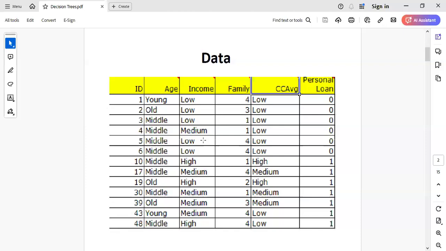Family, we have one, two, three, four, so four levels, classes, or categories. Similarly, for credit card average, we have low, medium, high, three. And in personal loan, we have only two categories, that is 0 and 1. 0 represents no, and 1 represents yes.